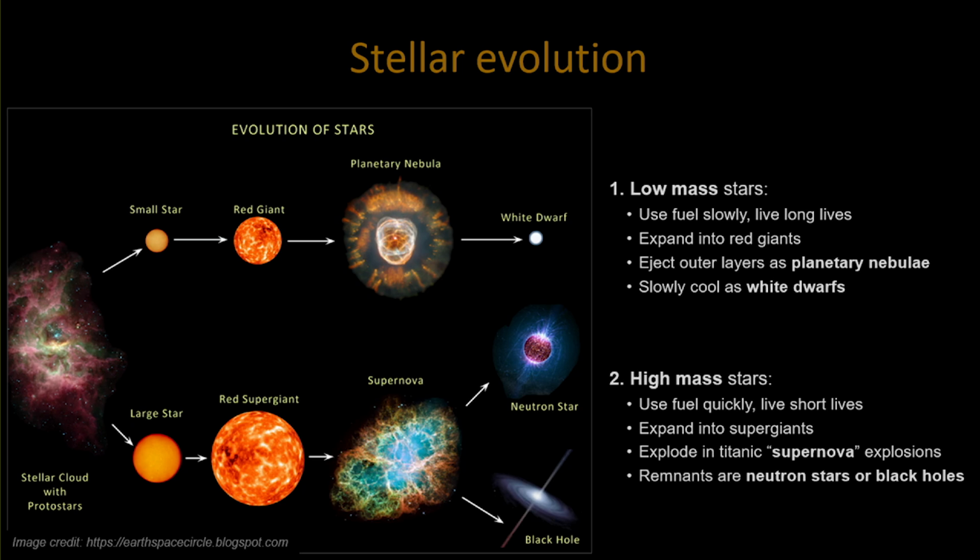It's eventually going to expel its outer layers as a planetary nebula. We end up with a white dwarf. Our high mass stars are going to swell into supergiants, and when they can no longer survive, they're going to explode as a supernova, leaving us either a neutron star or a black hole. So I'll let you look at all those various steps there that we talked through, okay?